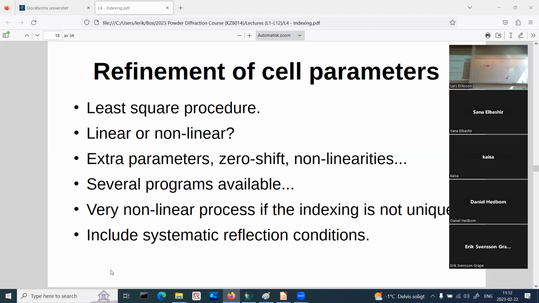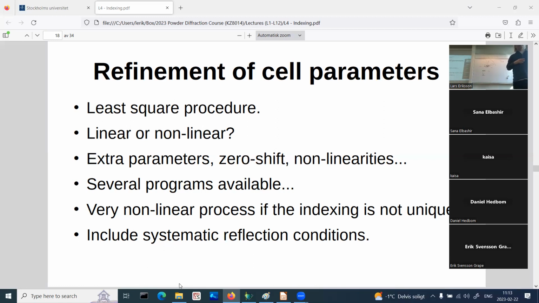Perhaps, if you know the crystal structure, you should try to apply the systematic conditions for reflections, and not allow it to generate forbidden ones. In HiScore, you can select the space group or something like that, and perhaps that is used also in the refinement.